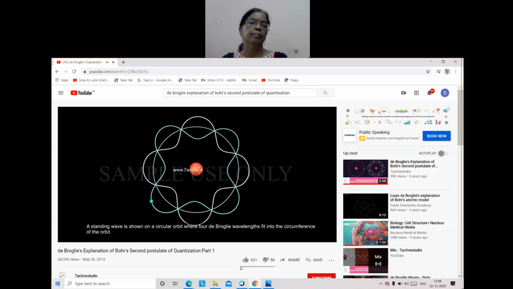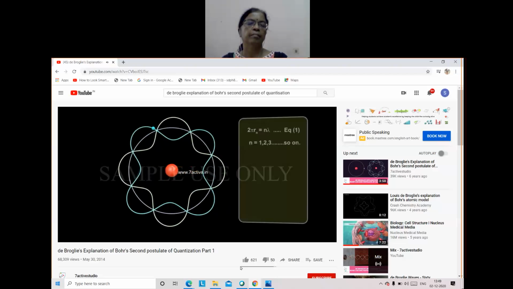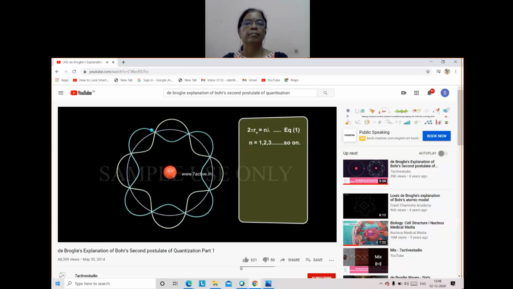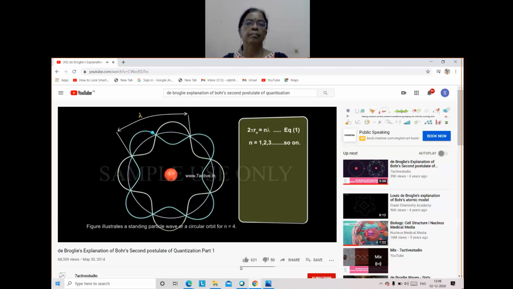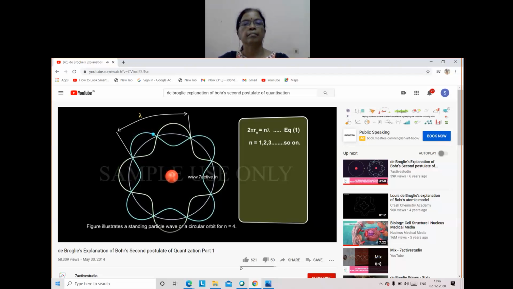A standing wave is shown on a circular orbit where 4 de Broglie wavelengths fit into the circumference of the orbit. 2 pi r_n equals n lambda, equation 1, n equals 1, 2, 3, and so on. The figure illustrates a standing particle wave on a circular orbit for n equals 4.